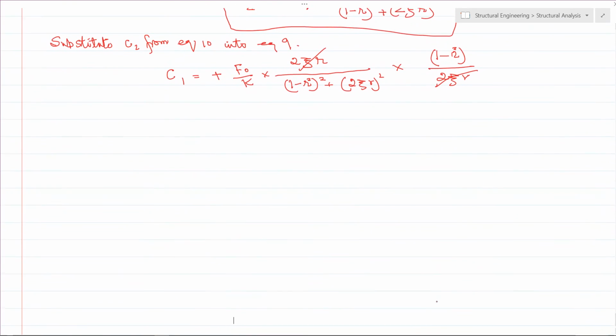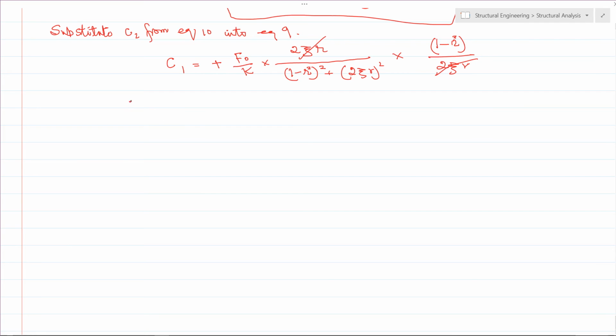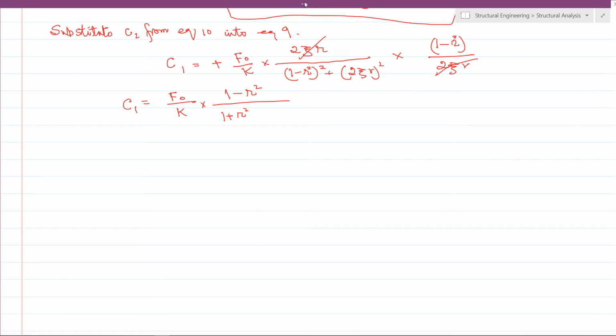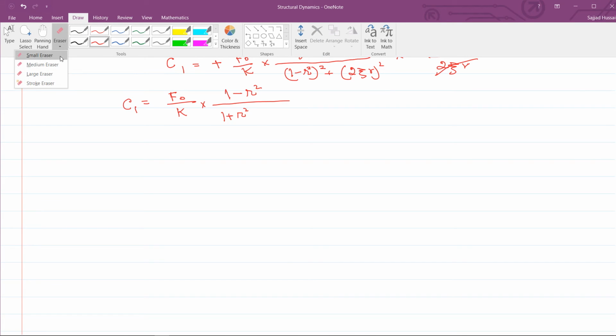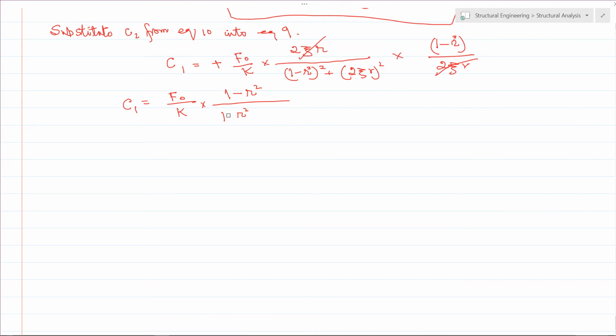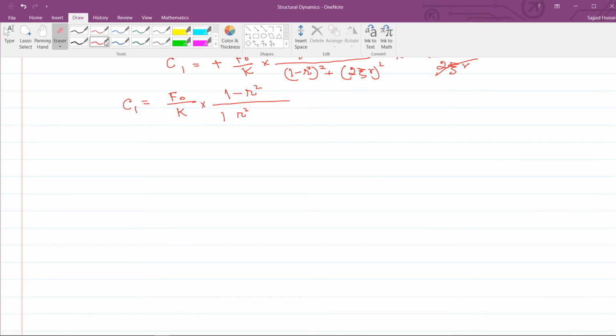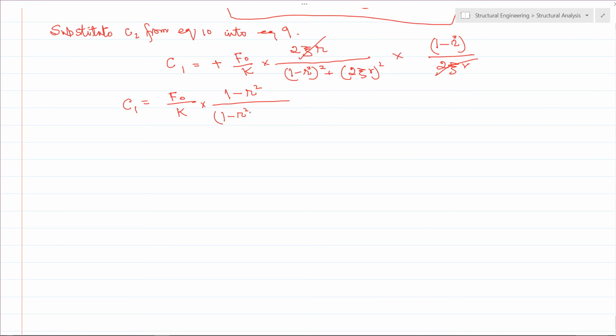So the value of C1, now we can write C1, this will be equal to F naught over k into 1 minus r square over, sorry, this is minus 1 minus r square whole square plus 2 xi c r whole square.